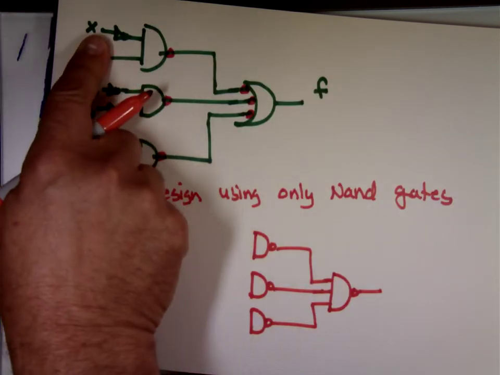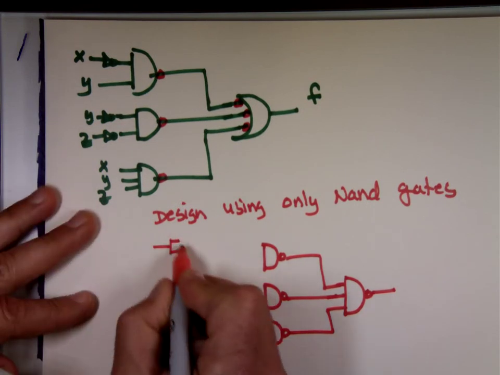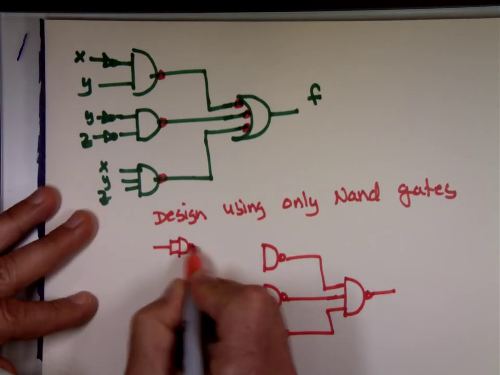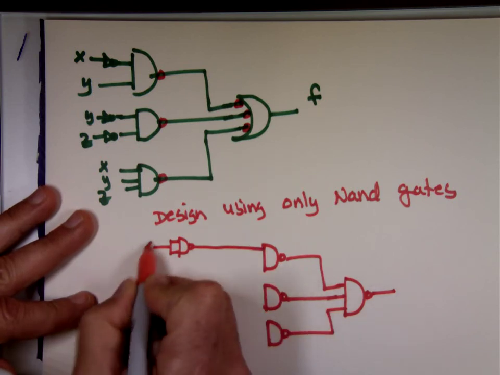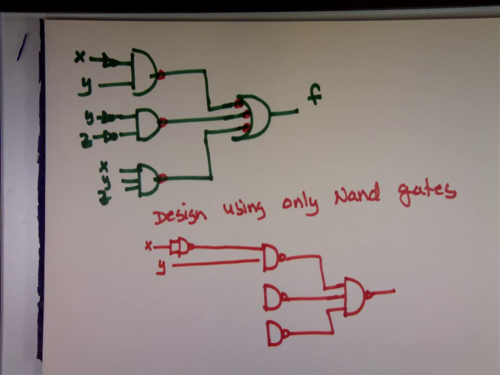Now the NOT gate here, I don't want to use a NOT gate, so what do I do here? We said take a NAND gate and tie both pins together. Two of them here.